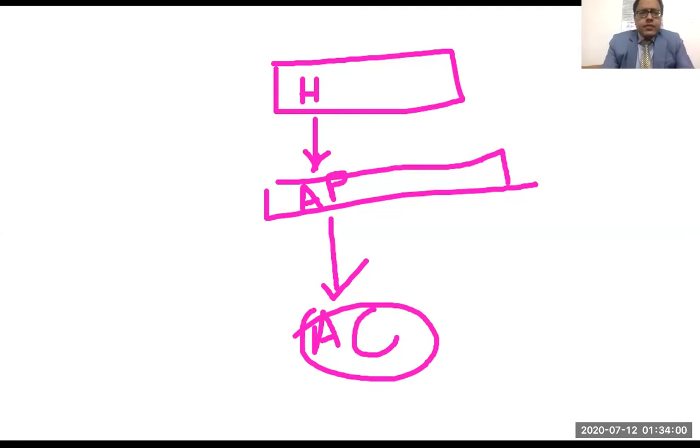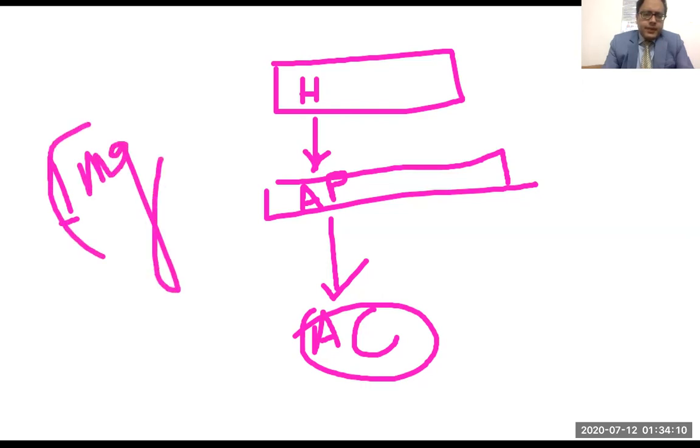Now, when we are doing the low dose dexamethasone suppression test, which uses 1 mg dexamethasone, in a patient with Cushing syndrome who already has a high state of cortisol, it would not affect much, because he already has too much cortisol. Just adding 1 milligram more would not change this axis much.